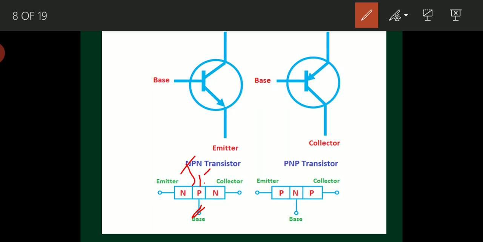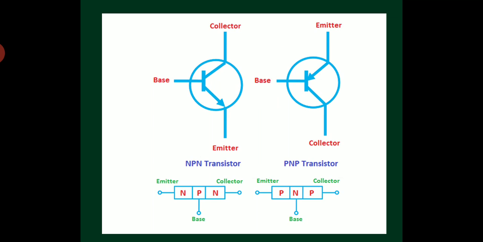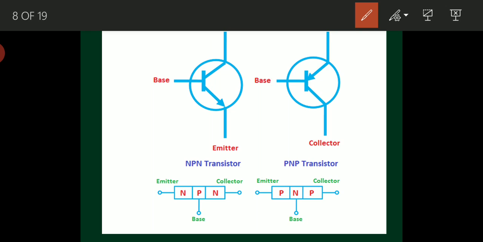JE means input junction, which is present between emitter and base.